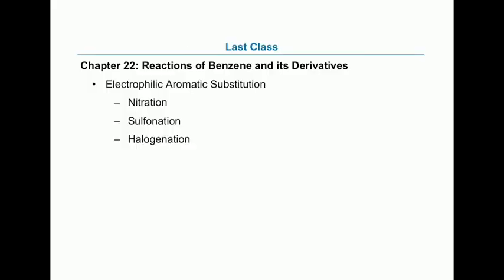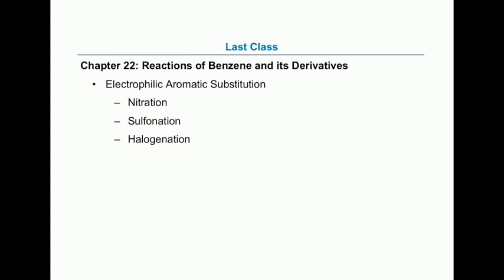So last class, we left off introducing aromatic substitutions. This is our first example of taking benzene and using it as a nucleophile, which feels weird because it's a super stable molecule. We have to interrupt aromaticity, but there's kind of two things that make this possible. We're using the high electron density, all those 6 pi electrons, as our nucleophilic center. We're only allowing this to happen if we have very extraneous electrophilic species.